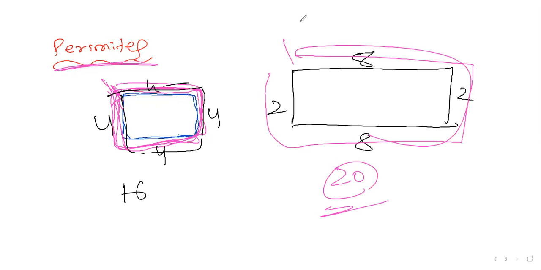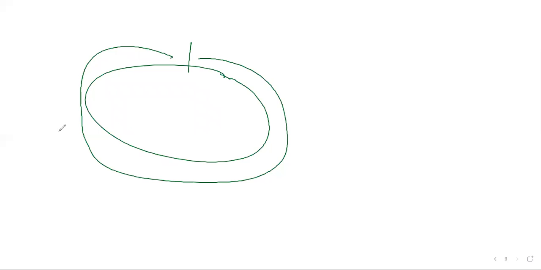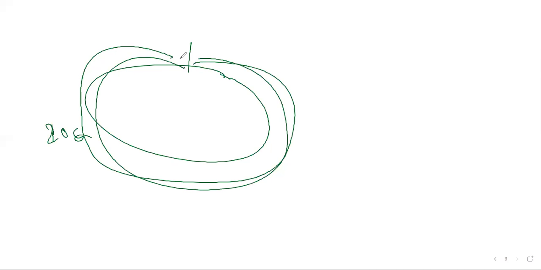Let me take one more example in very brief time, an irregular shape. Take one circle as an example. Here the total from here to here is, let us say, 20 centimeters. How much is the perimeter? 20 centimeters. Where you start, where you stop, this is 20 centimeters. Now I'll take one more irregular shape.